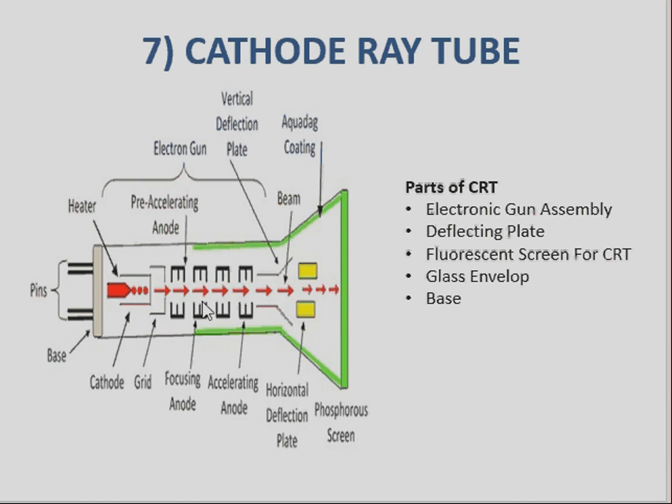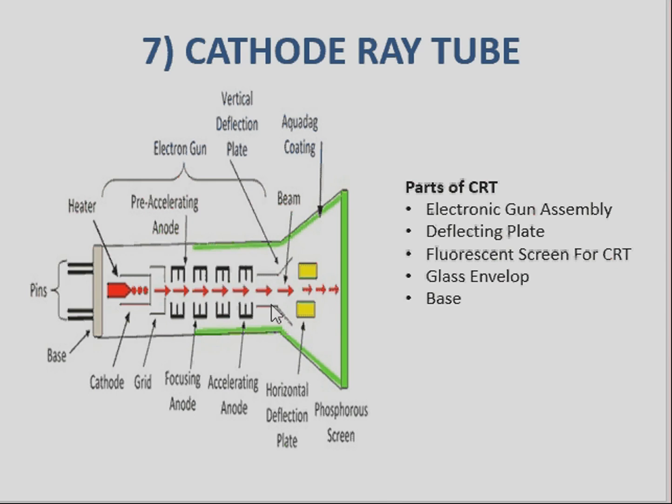After the focusing anode, the electrons enter the accelerating anode, where their speed is accelerated so that they move towards the screen with high intensity.